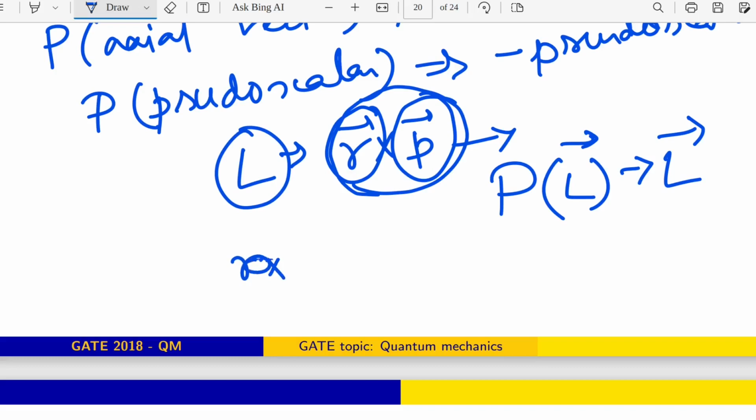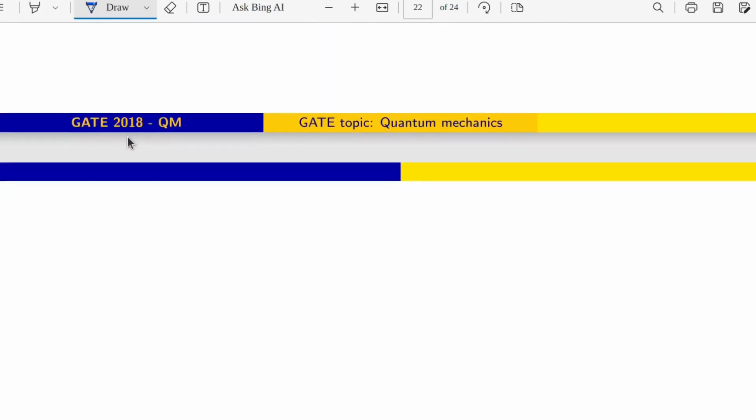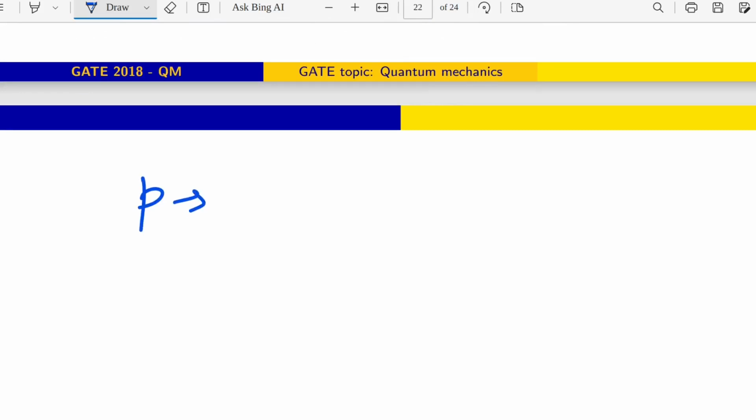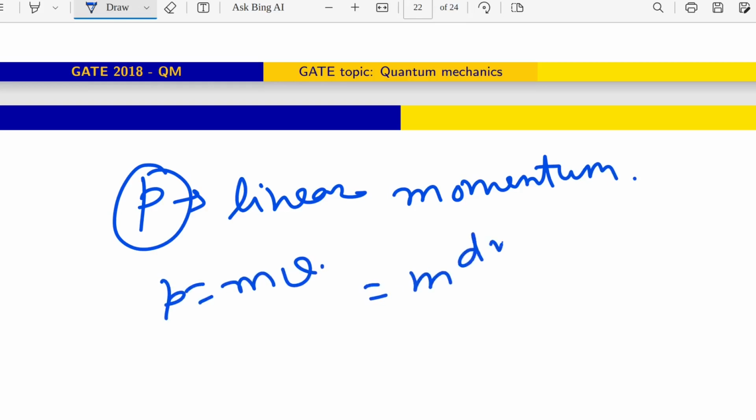Because R can go to minus R in the presence of parity. It is correct, right? And what about P? I have told you this one also, but let me tell you again. P is linear momentum. Don't confuse it with parity P. This is linear momentum, so P can be written as m into v, which is m dr by dt.